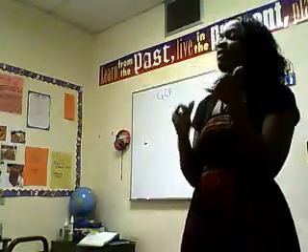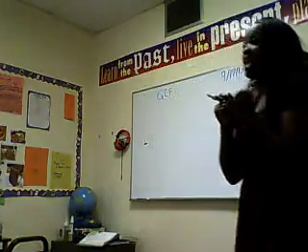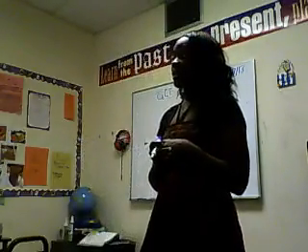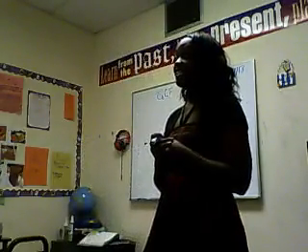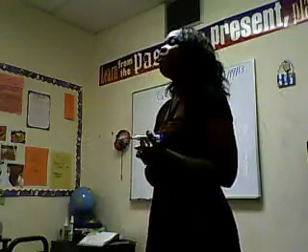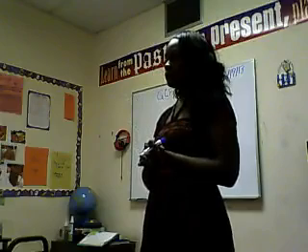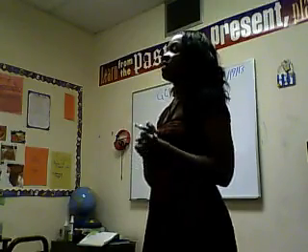Okay, I'm going to get this straight. Factors of 8 are 1, 2, 4, and 8. Multiples of 8 would be 8, 16, 24, 32, 40. So what are multiples of 8? No, I'm not asking, I know what they are.